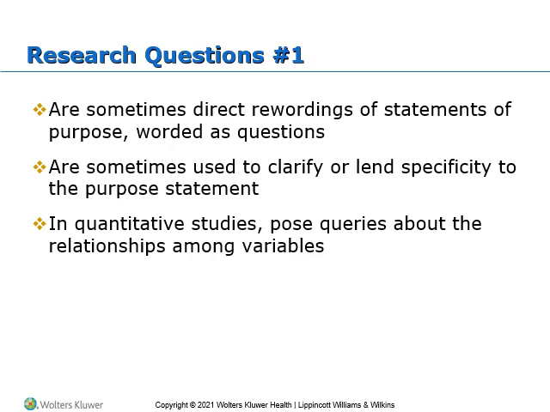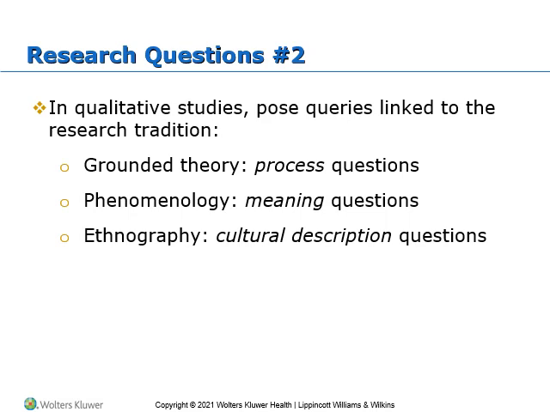In quantitative studies, it's going to be very cut and dry and pose queries about the relationships between A and B, or the independent and dependent variable. When you look at research questions in qualitative studies, you're going to pose queries that are more linked to tradition. For grounded theory, you're looking at what is the process.